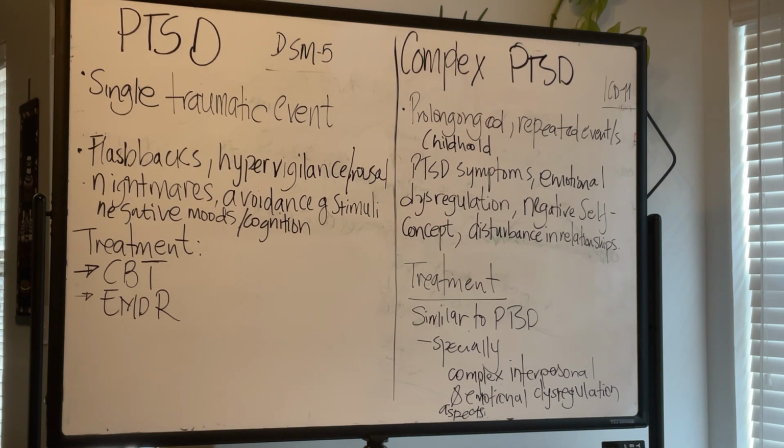They are repeated in somebody's life, especially early childhood. In addition to symptoms of PTSD, individuals with complex PTSD are going to experience difficulties in emotion regulation, self-concept, as well as interpersonal relationships. The trauma may be ongoing or occur over an extended period, leading to complex and pervasive psychological effects.